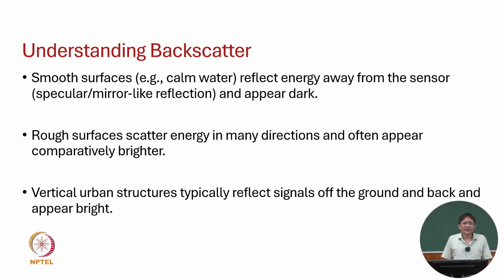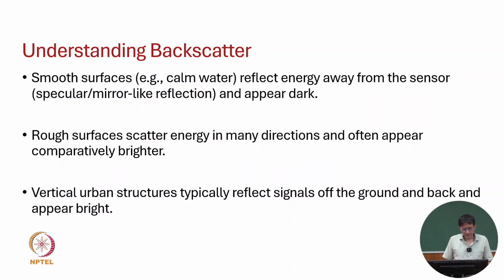So to understand backscatter a bit better, here are a few cases. Of course, this is just a few cases, and there can be many other variations. What happens is that smooth surfaces, as an example calm water, reflect energy away from the sensor, and thus they appear dark.